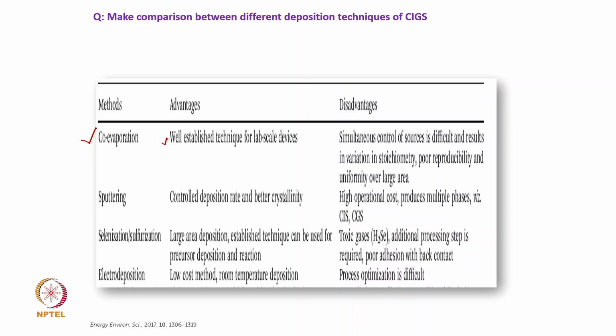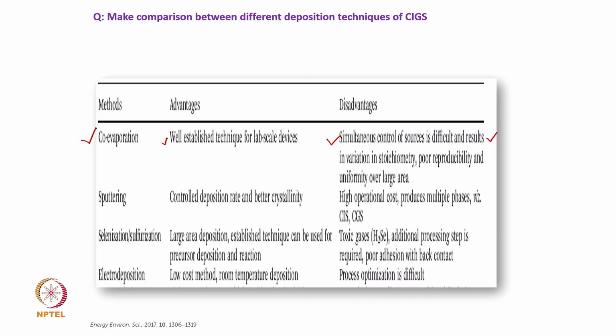This is the advantage, but what is the disadvantage? The disadvantage is the simultaneous control of sources, because you know that for CIGS, copper, indium, gallium, selenium, the 4 sources are required for simultaneous evaporation, and therefore, the simultaneous evaporation of the sources is quite often difficult in order to maintain the stoichiometry.